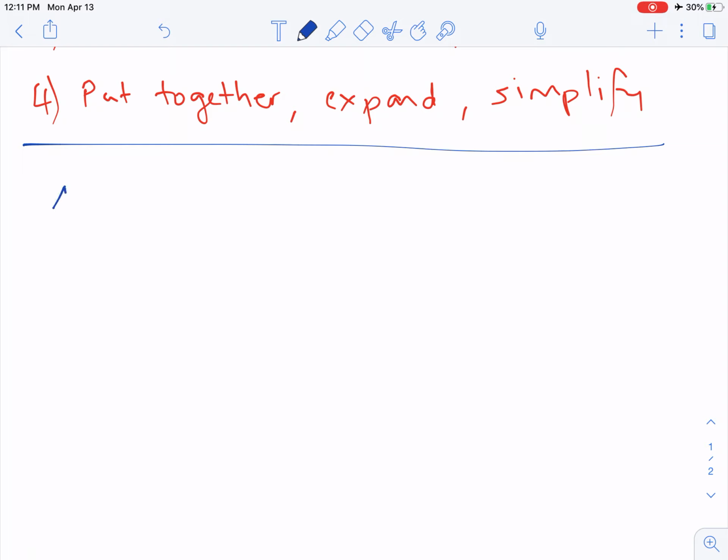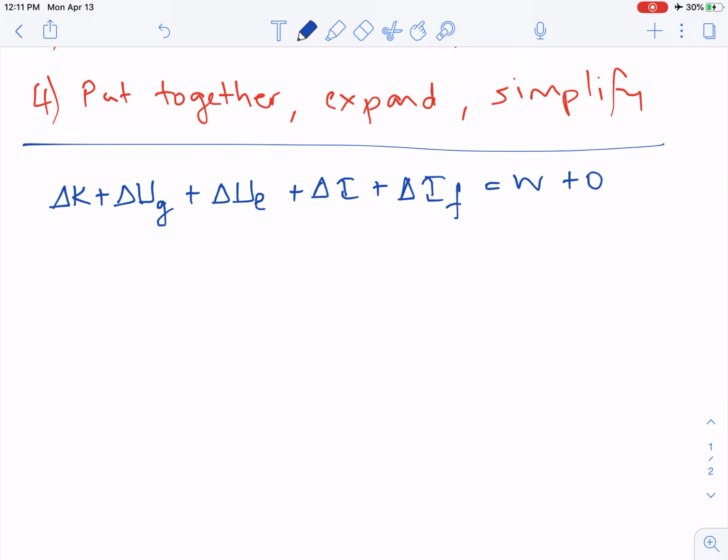First thing again, we write down what the energy conservation equation is. I'm going to start with the order: delta K, delta U_G, delta U_E, plus delta I plus delta I_F equals work done plus Q.